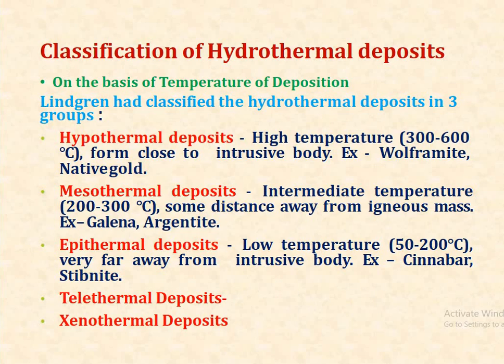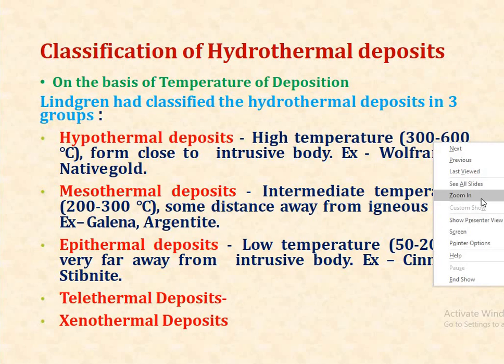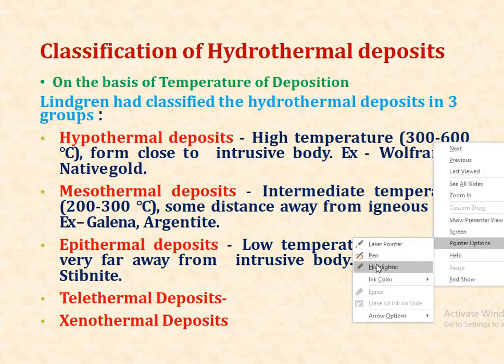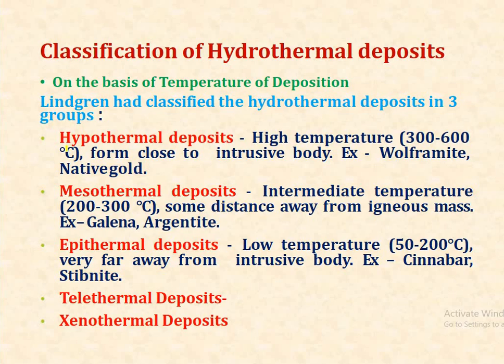On the basis of temperature of deposition, Lindgren classified the hydrothermal deposits into three groups. The first one is the hypothermal deposit, अतितापीय निक्षेप. The second one is the mesothermal deposit, मध्यतापीय निक्षेप.